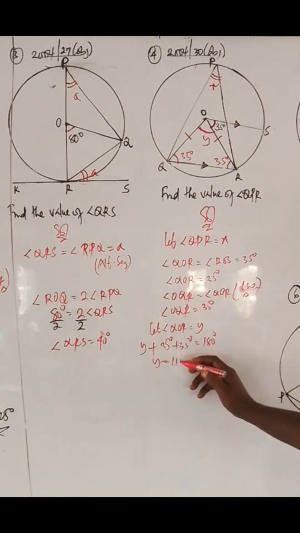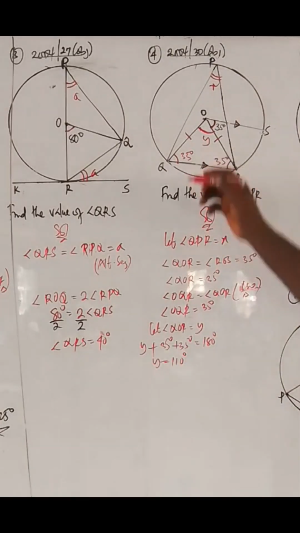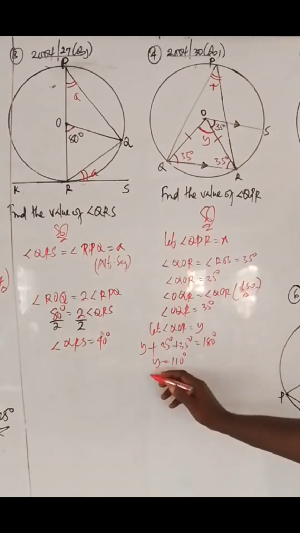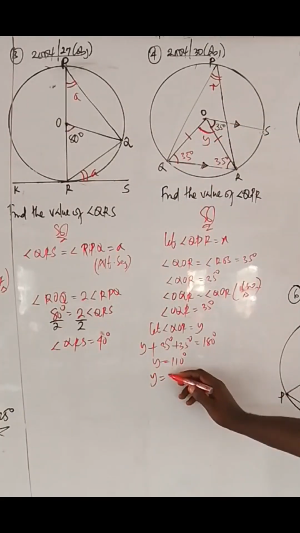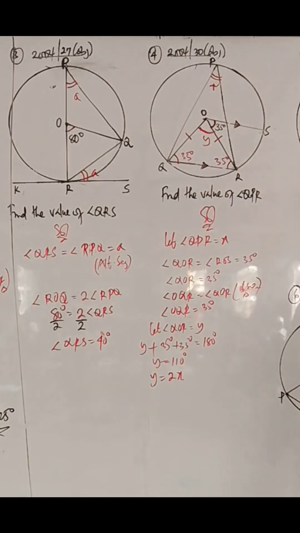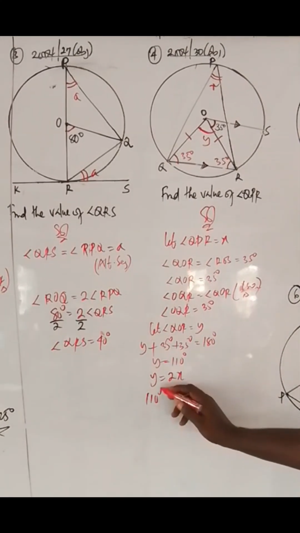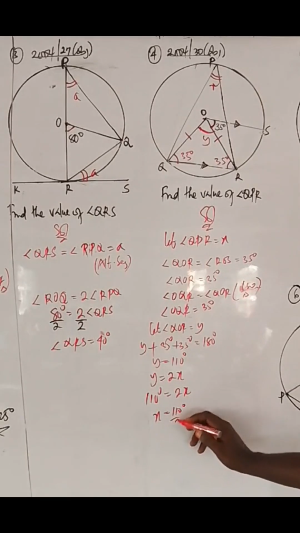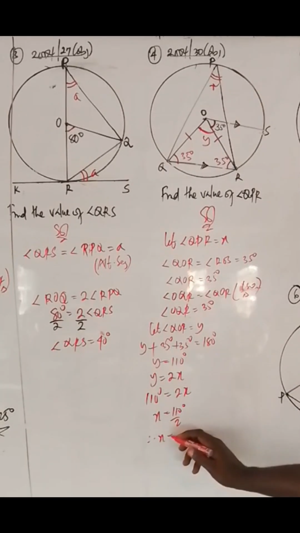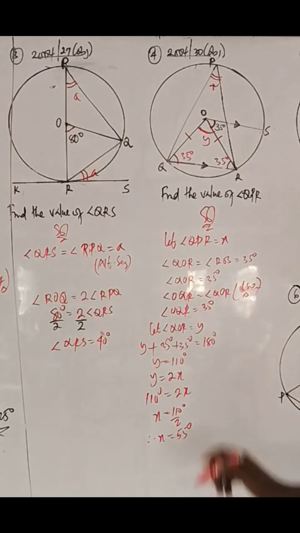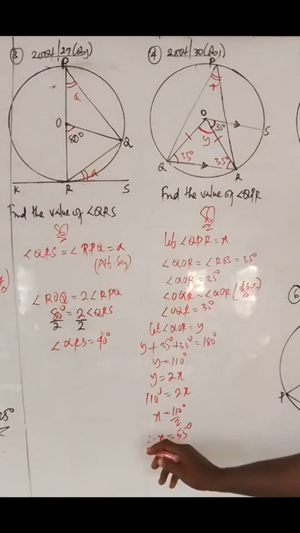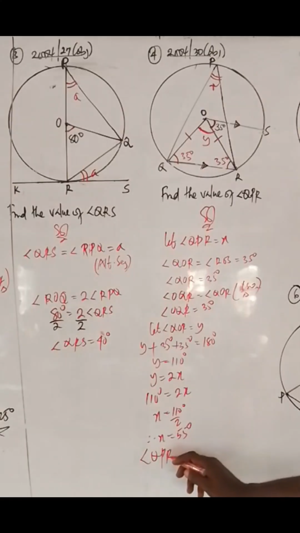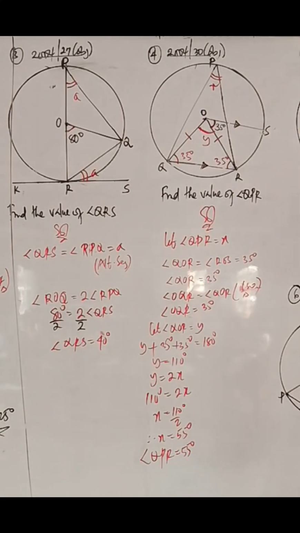Obviously Y equals 110. And from here, the angle at the center Y is twice that at the circumference, 2x. So 110 equals 2x. Obviously from here x equals 110 over 2, so x equals 55. So the angle we are looking for, angle QPR, is 55 degrees.